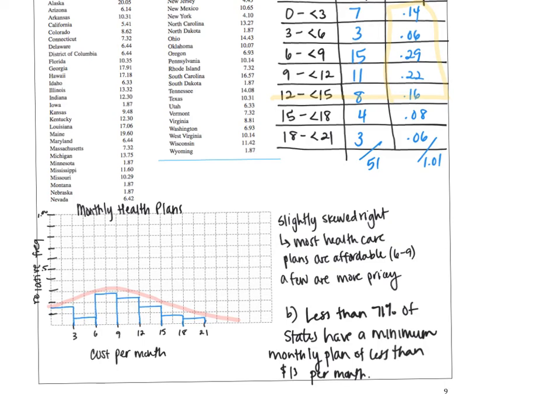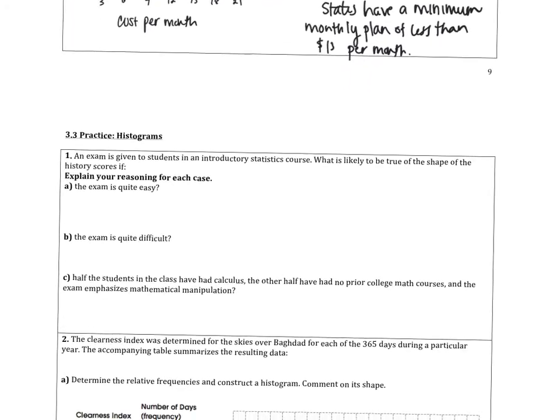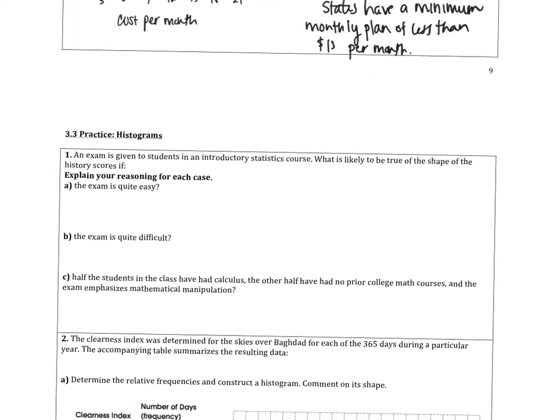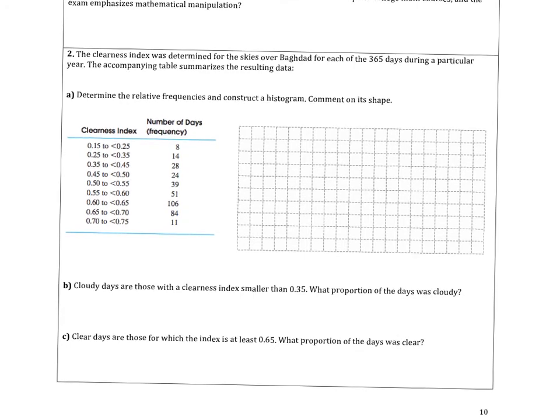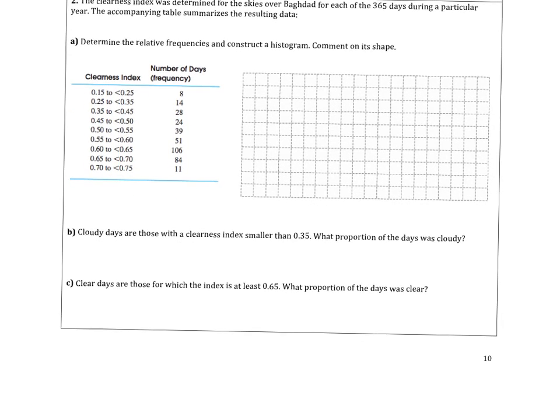All right, so you guys do have some practice problems, and I just want to go over them really quick with you. Question 1 is about shape. Question 2, I just want to point out that if you notice for question 2, these 3 intervals are the same width, and these intervals are the same width.